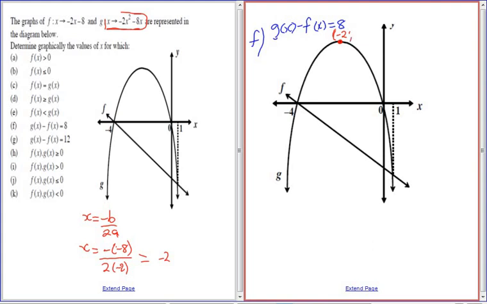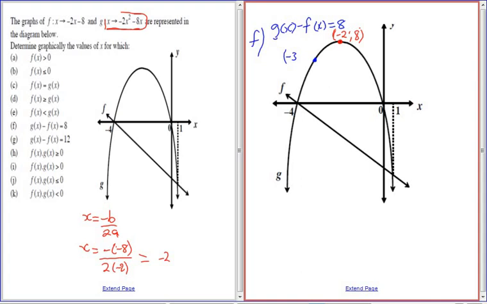And if you substitute it into the original function, gx, you should get the y value of 8. Let me put these coordinates in. And just for the love of this question, I'm going to also put the coordinate here of -3.